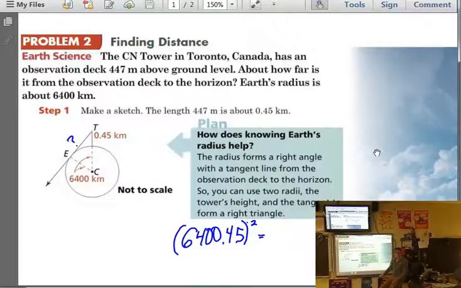That'll be equal to a squared plus 6,400 squared, but then just an extra 0.45, because that's your hypotenuse side, opposite to your 90-degree angle. So that squared, then minus my one leg squared, will give me the square of my remaining leg, which I'm going to call D because it is my distance to the Earth.